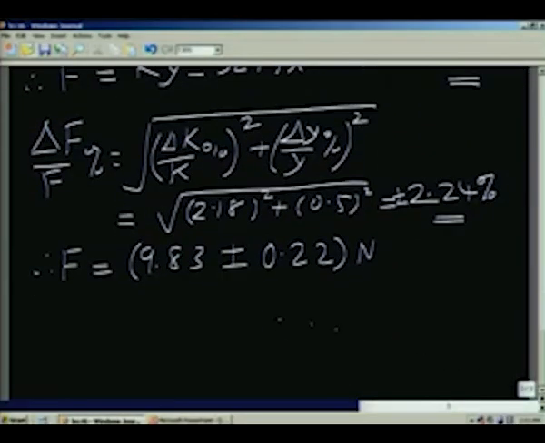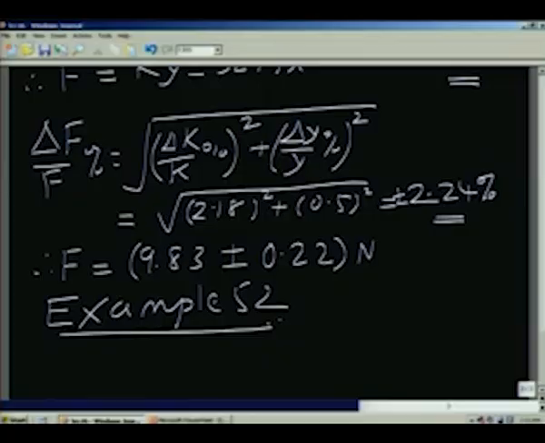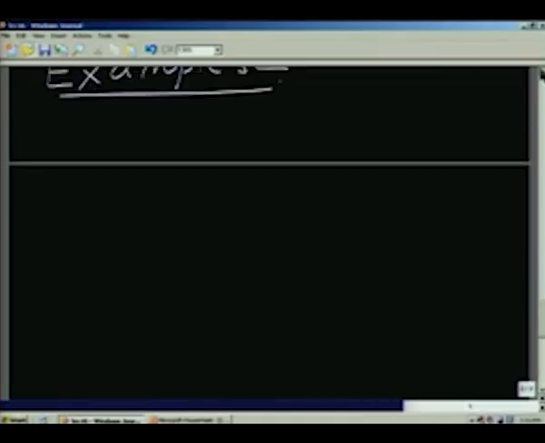So, this is example 52, I think. The problem is very simple because the maximum amplitude or maximum movement is given because of the stop.